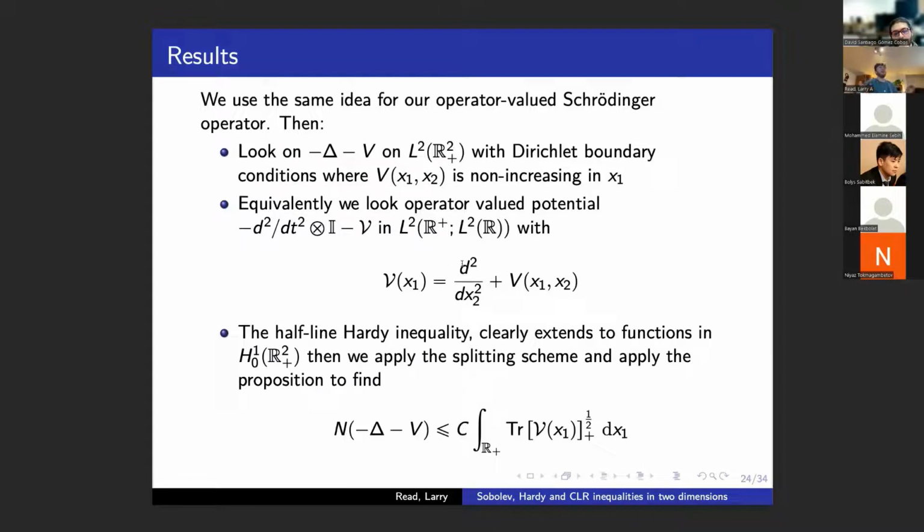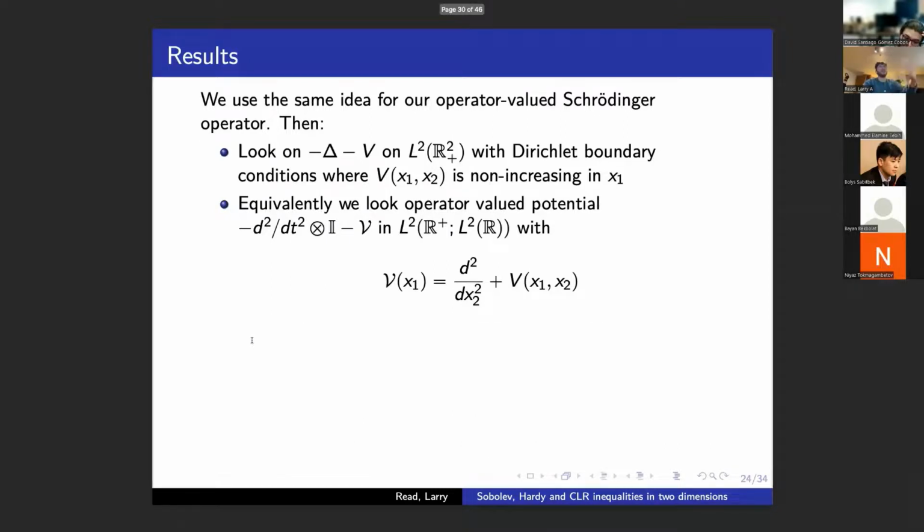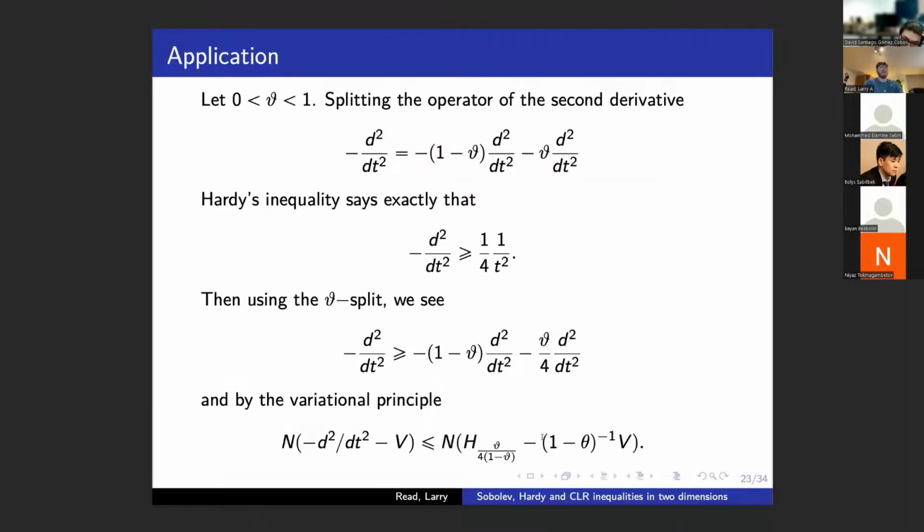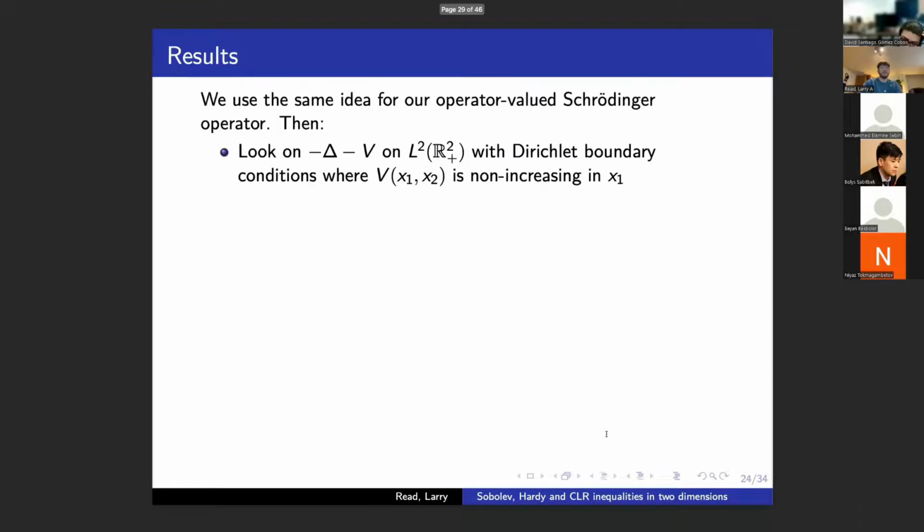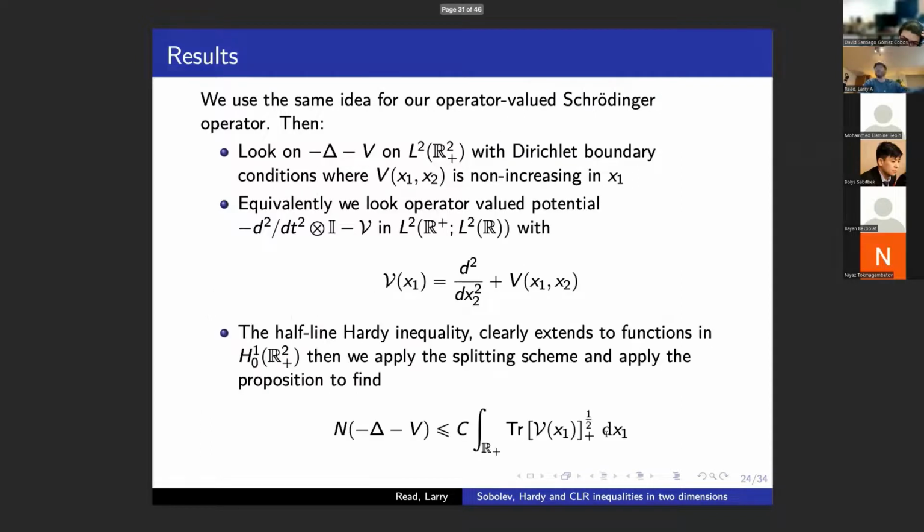Now you use the half-line Hardy inequality, which extends to functions in H1 naught of R2 plus, the positive half space, and you apply the splitting scheme, and using our proposition, you find the following. Again, you have this extra kind of power here, but we don't really care about that. And you find the following.